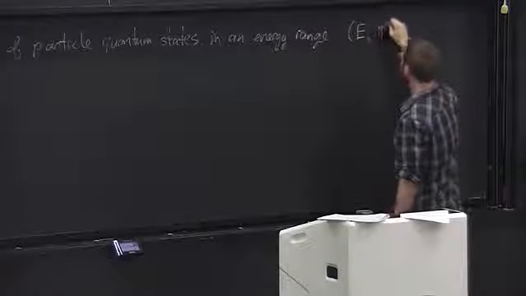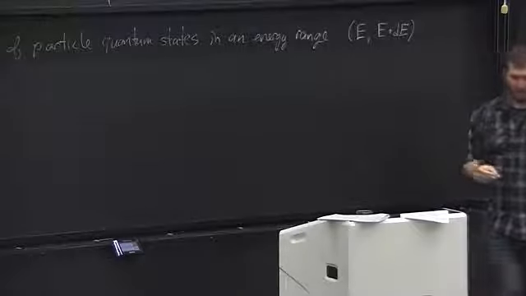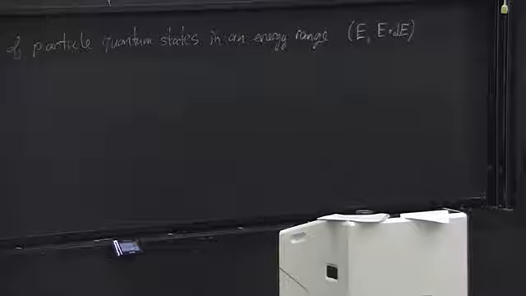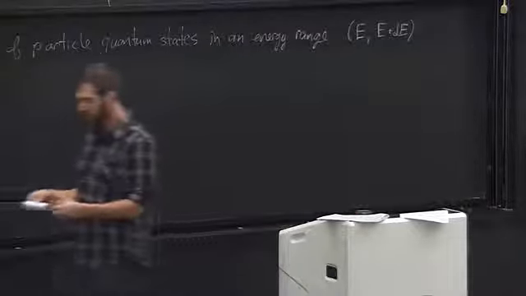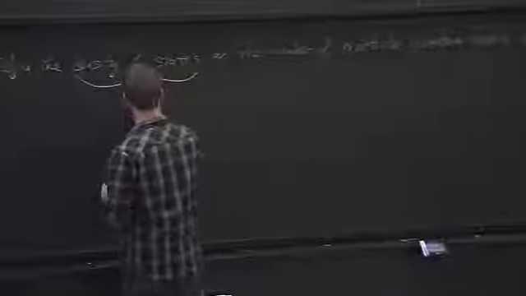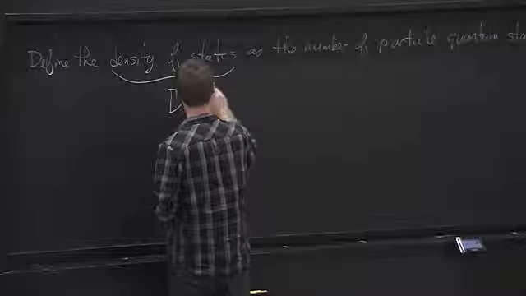So I'll pick an energy range of E plus some infinitesimal dE. And so then my density of states is something I'm going to call, well, dE.